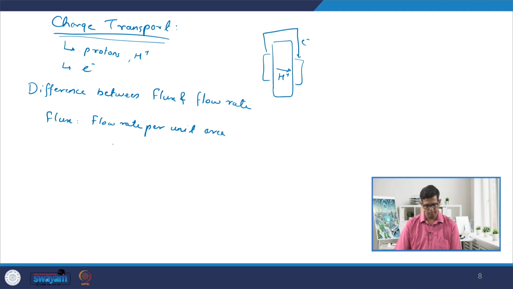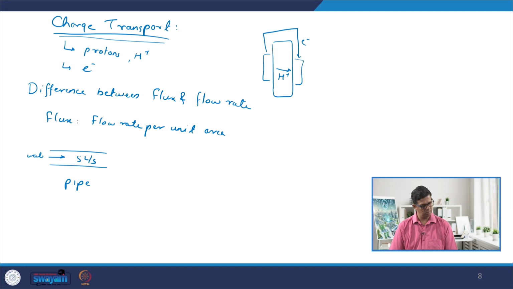In other words, let us say I have a conductor, or a pipe, which is flowing water at 5 liters per second. Water is flowing through this pipe, and this has got area A.